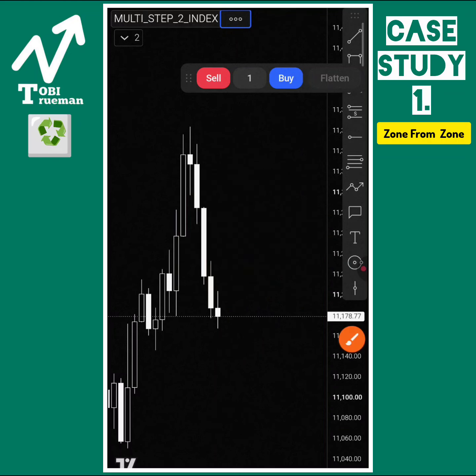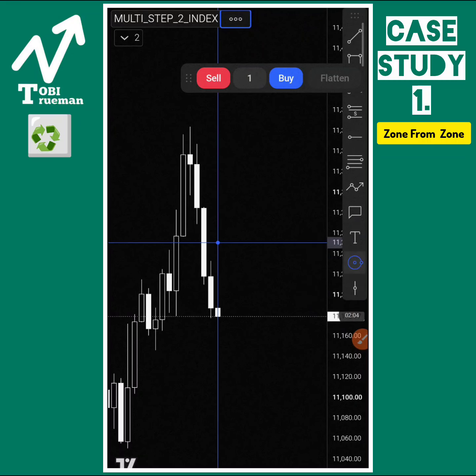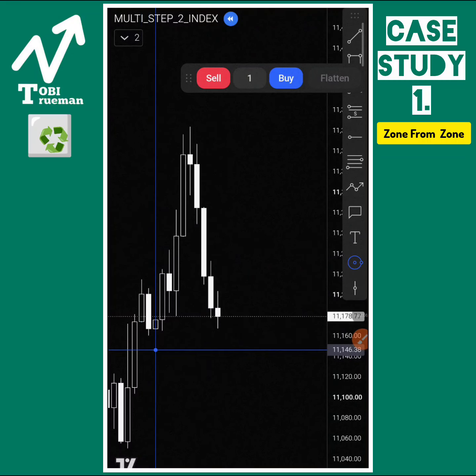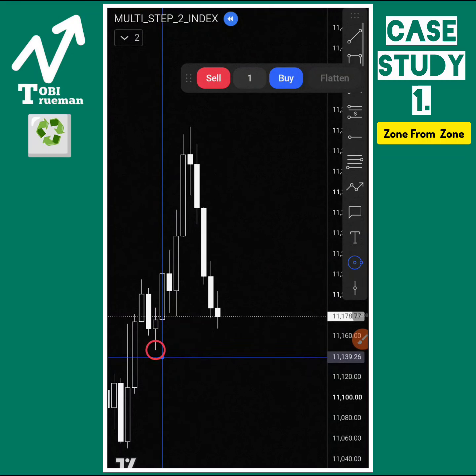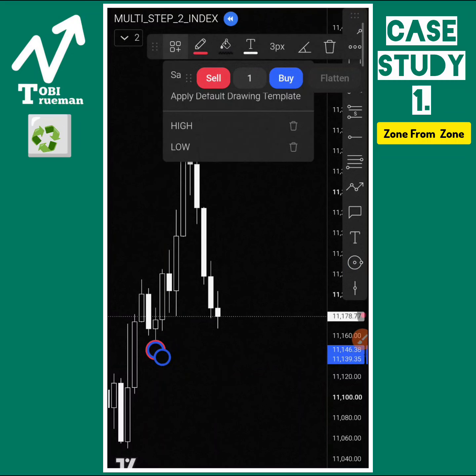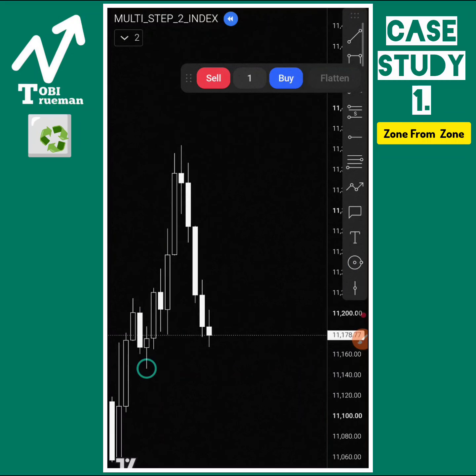Now in this scenario, this market has already played out, but I want to use it as an example for us. A low point can be identified. Let's put that there. This is a low. Now this is another high. Now we know that this is a buy market, right?